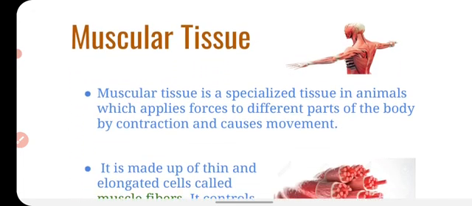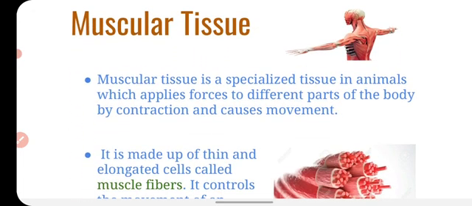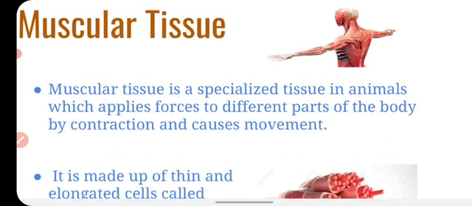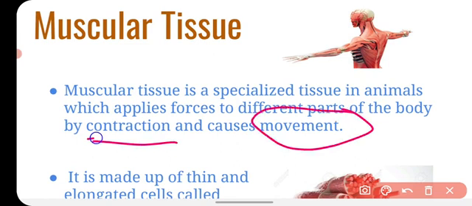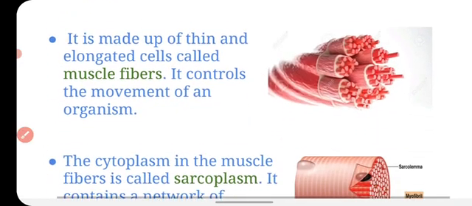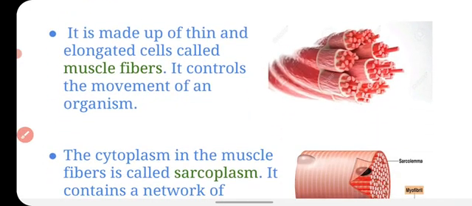So muscular tissue is a specialized tissue in animals which applies force to different parts of the body by contraction and causes movement. So first of all you must know that muscular tissues are responsible for the movement. They contract and cause the movement in our body. It is made up of thin and elongated cells called muscle fiber.